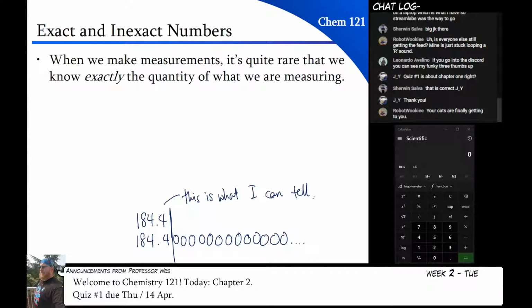Now, they're not entirely random, because if the next digit here was 5 or higher, this would round up, right? But what we do know is that this is going to be some number. And heck, this last digit could be a 3, and then the next mystery digit is 8, which would round up to 4. So it is essentially random what comes after the numbers that your scale prints out for you.